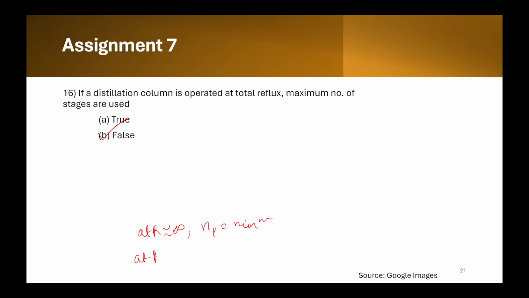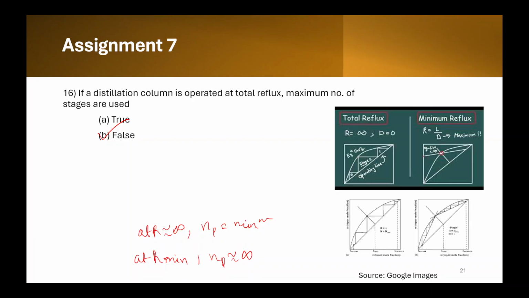At R equal to R min, or minimum reflux ratio, it cannot be zero. Sorry, at R min the NP will tend to infinity. So the correct answer, this is a false statement.